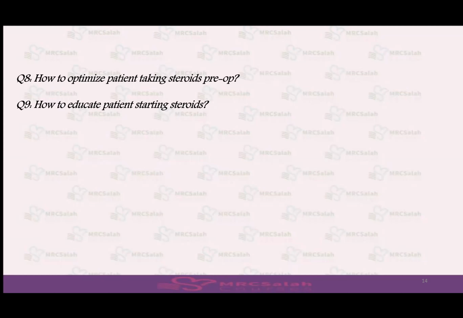So he should take care with non-steroidal anti-inflammatory drugs. Steroid will also affect blood glucose: if the patient is diabetic, it will lead to poor diabetic control, and if not, he may develop diabetes. Also, steroid can lead to osteoporosis.